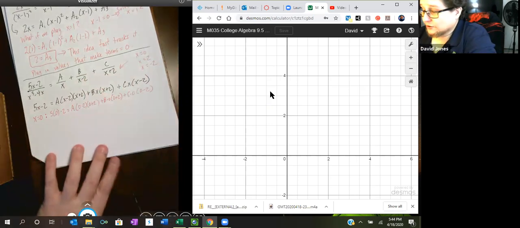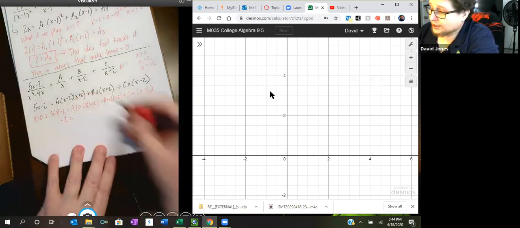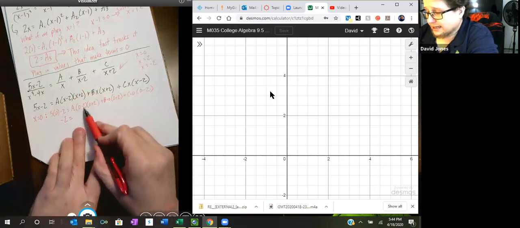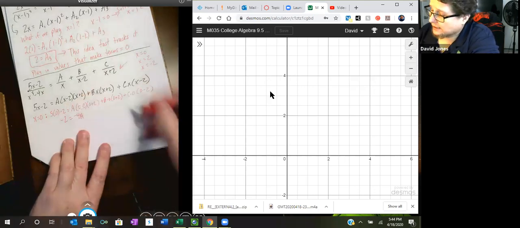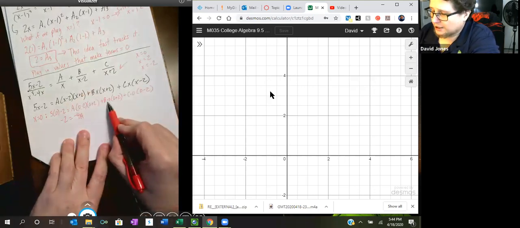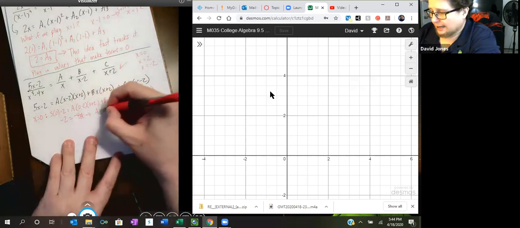A lot of stuff goes away. You get negative 2 equals, this is negative 2, this is positive 2, this is negative 4A. B times 0 is 0, C times 0 is 0. Gone. We immediately get A equals 1/2.